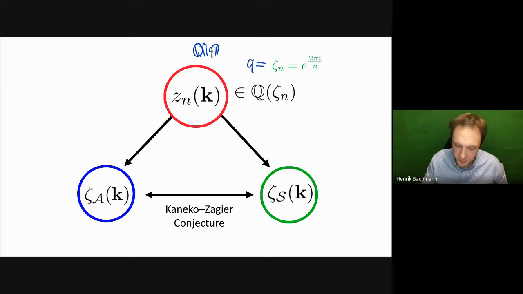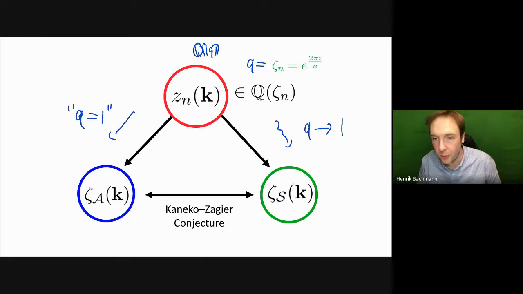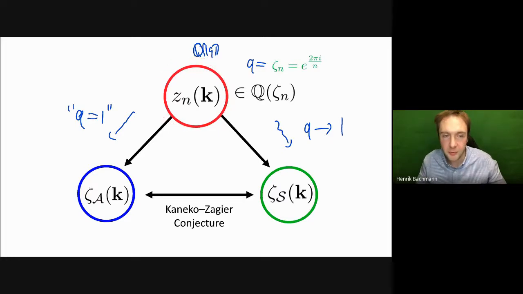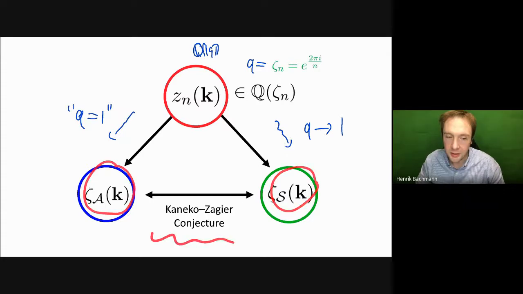What we want to do is send q to 1 in some analytic way, and also set q to 1 in some algebraic way. And somehow show that if we have some relation here, and there are some families we can prove, then taking these two limits we will obtain the same relations for these two objects, which supports this conjecture, because this conjecture says that these objects satisfy the same relations.